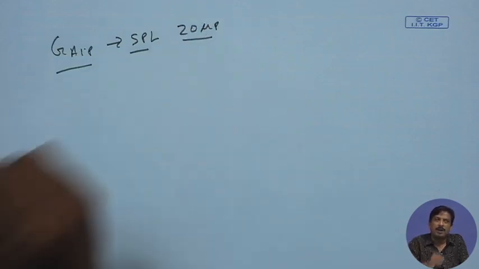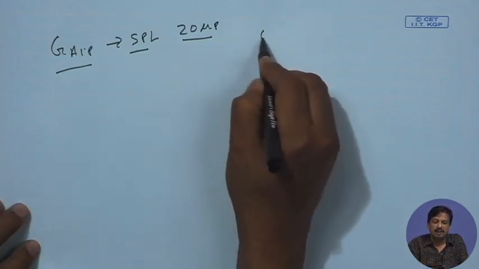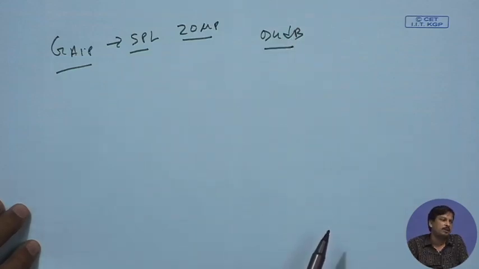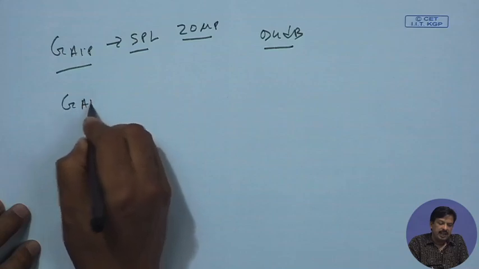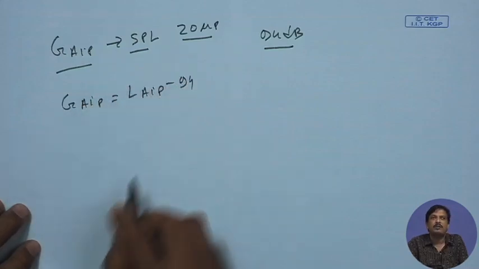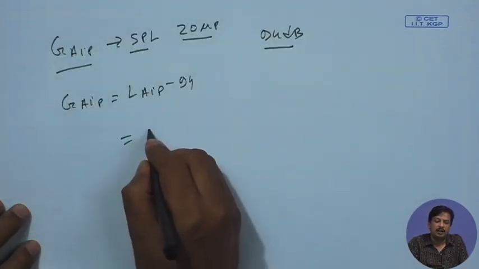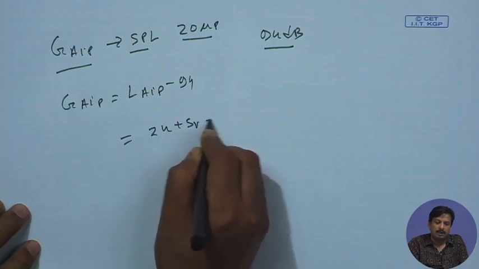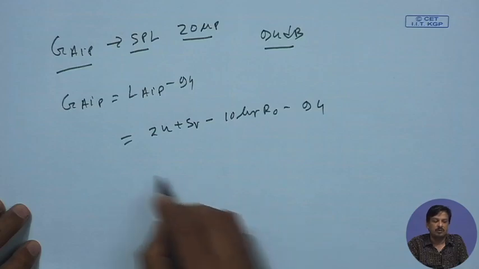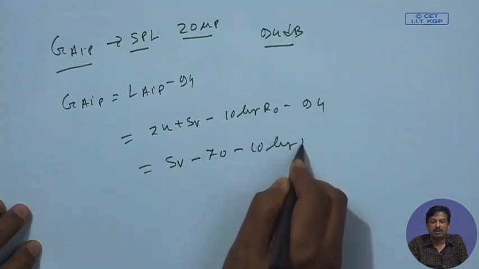So, instead of 1 pascal, if I say 20 micropascal, then 94 dB is the difference. So, I can write GAIP is nothing but LAIP minus 94 dB. LAIP is 24 plus SB minus 10 log R0, minus 94. So, it is nothing but SB minus 70 minus 10 log R0.